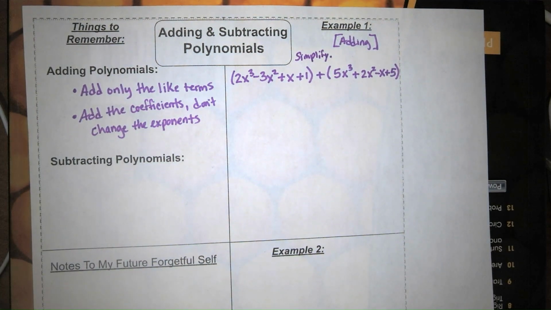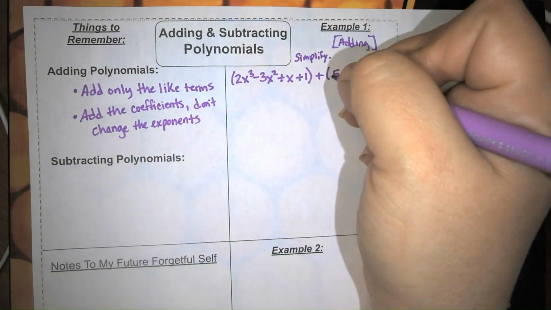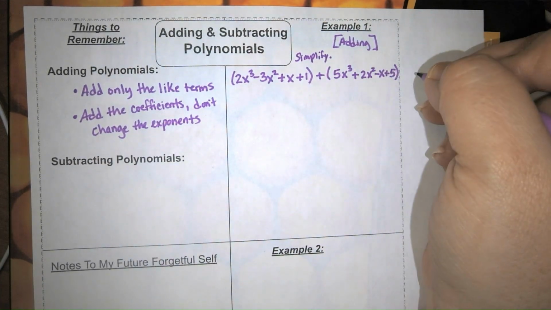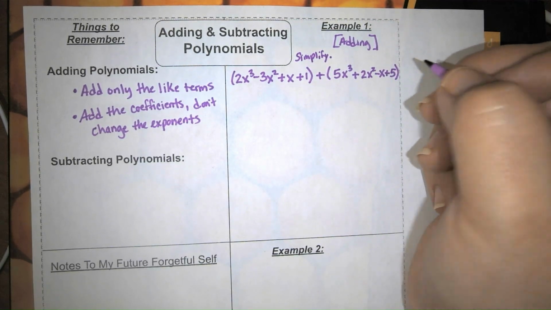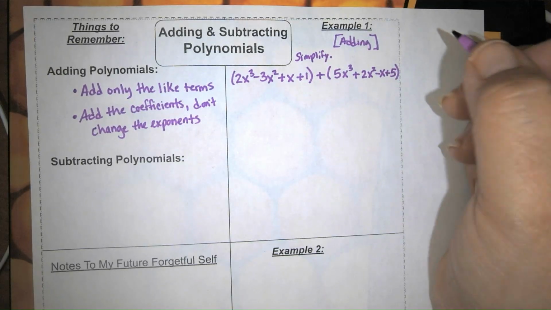Okay. So what we need to do when we're adding is we don't really need to keep the parentheses. So we can actually drop those if we'd like to. And you can treat this like a really long expression where we're just combining like terms, because adding doesn't really change anything about either of the polynomials. So I'm going to drop the parentheses and rewrite it as a really long expression.